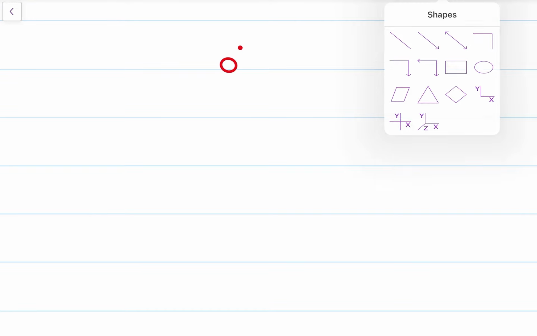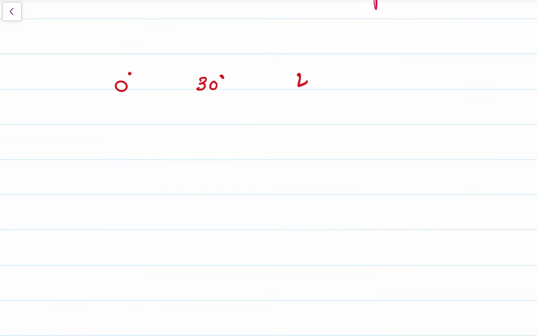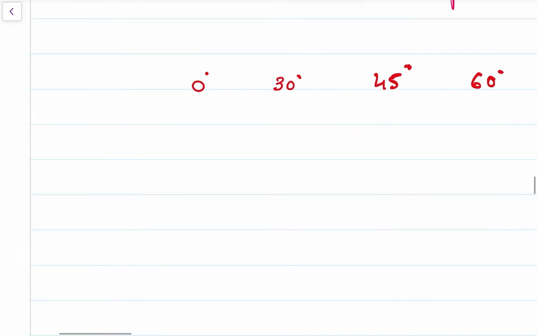Now, first we take 0, 30 degrees, 45 degrees, 60 degrees and 90 degrees.